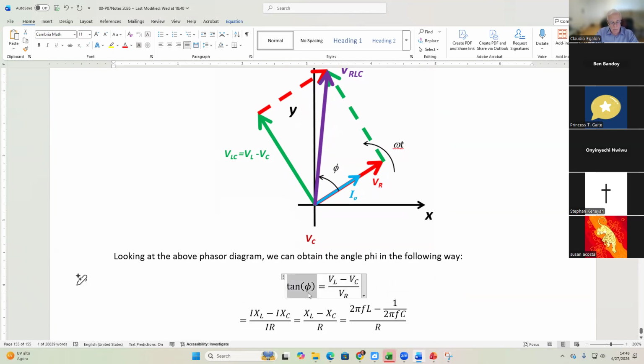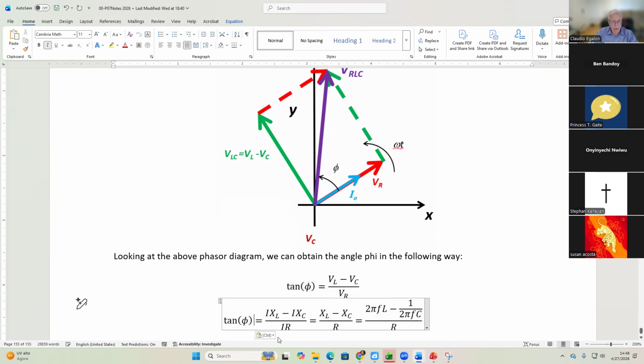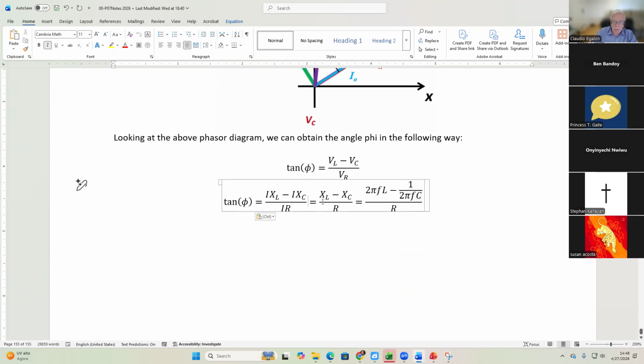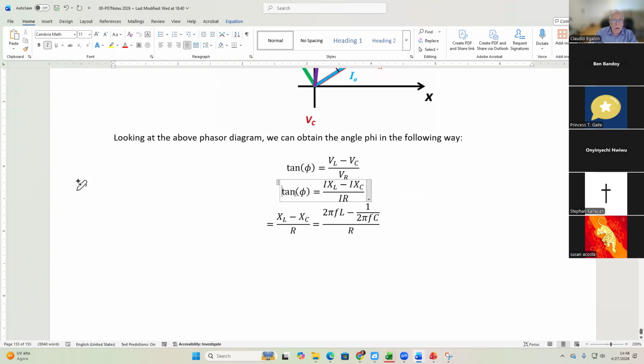We can move further. VL is I X_L minus I X_C divided by I R. I cancels out. And then we spell out X sub L and X sub C, just like we saw before. So that's the advantage of using the phasor diagram.